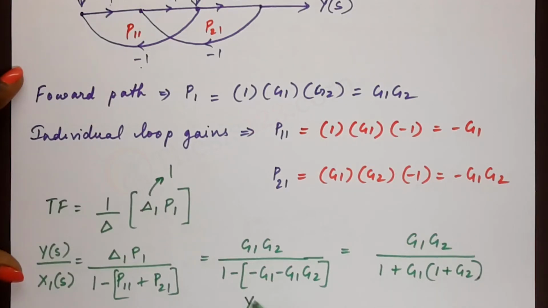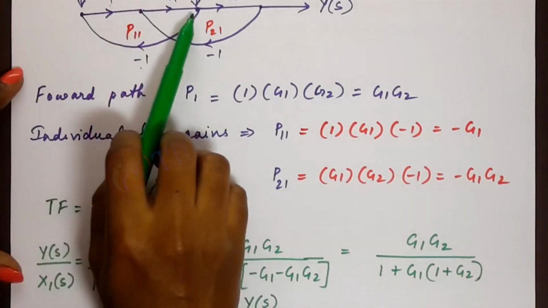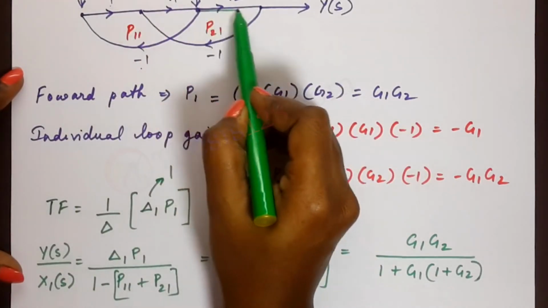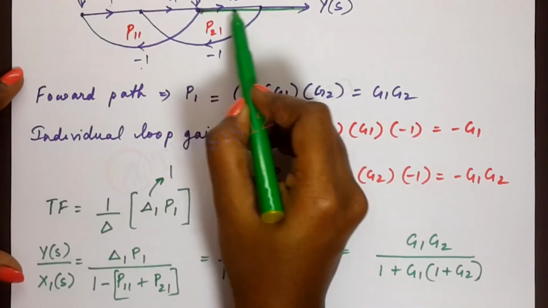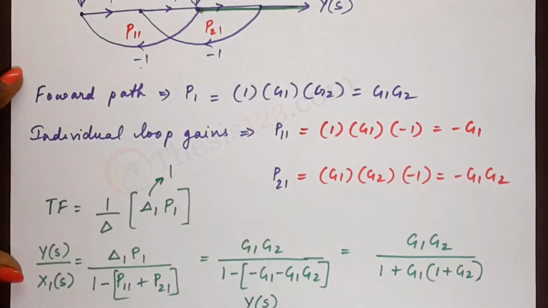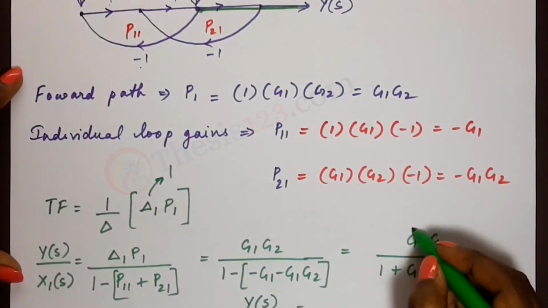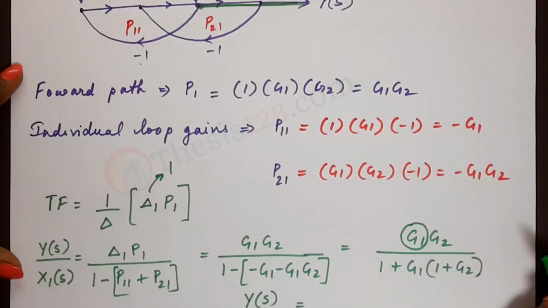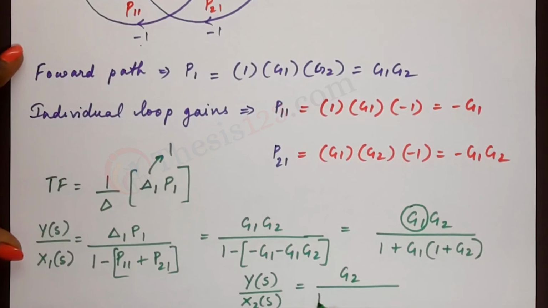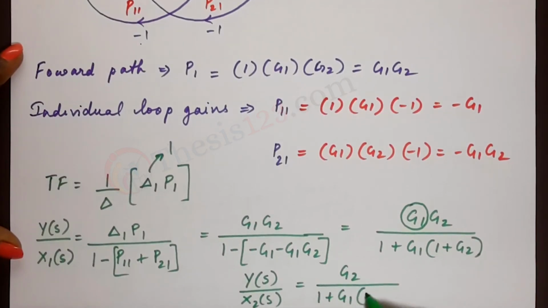Now, the question asks us for y of s divided by x2 of s. Now, x2 of s comes at this point here, which means our forward path is now this portion. The portion that is ahead of x2 is ignored, which means G1 is ignored and we get G2 divided by 1 plus G1 into 1 plus G2.